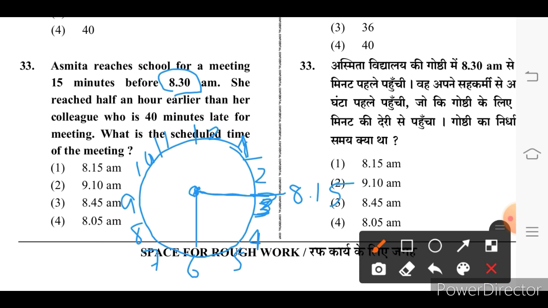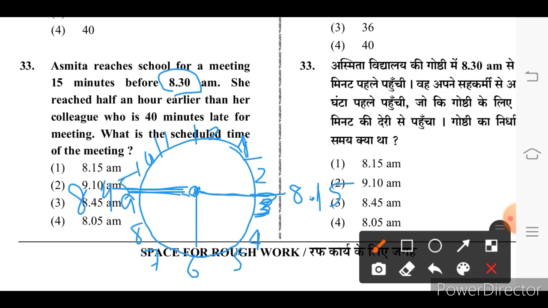She reached the school at 8:15, and she is half an hour earlier than her friend or colleague. So half an hour earlier means her friend's time is 8:45.